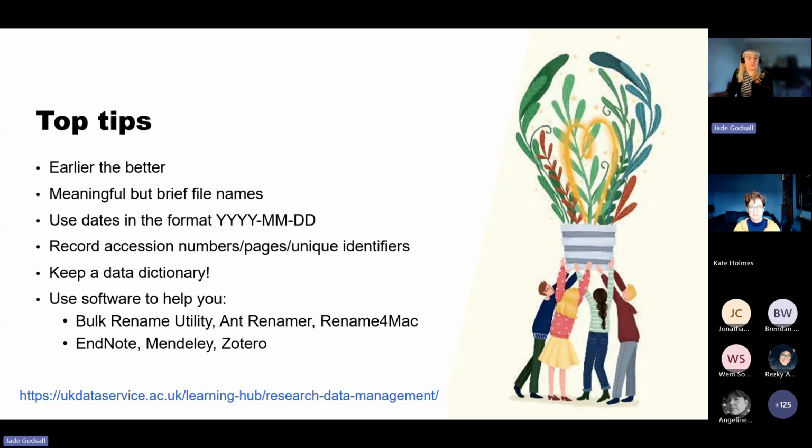Also, you can use software to help you. There are tools for bulk renaming, like Bulk Rename Utility, or A Better Finder Rename for Mac. But referencing software is also really useful, storing and organizing your references into groups, and giving them key terms to make it easier to search. Mendeley, Zotero, things like that.